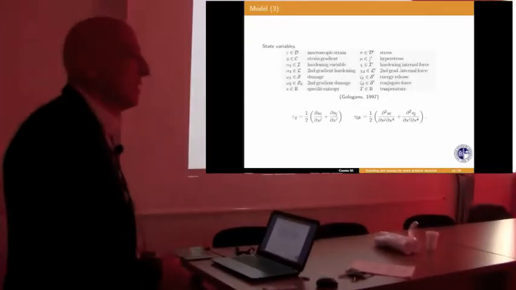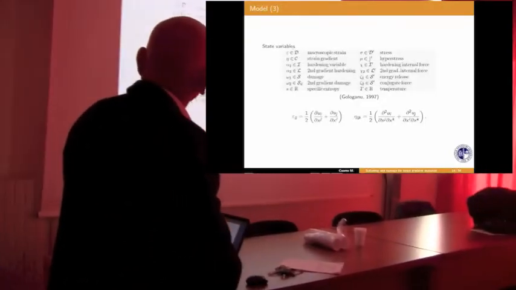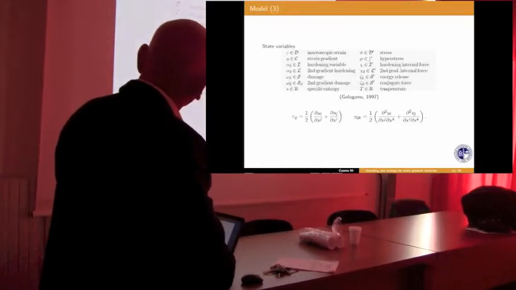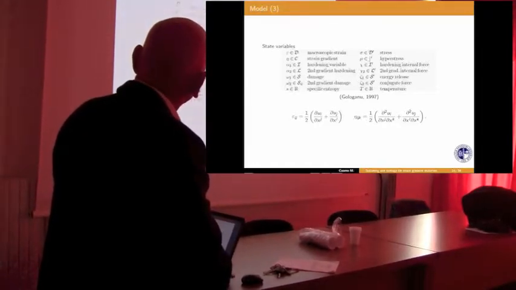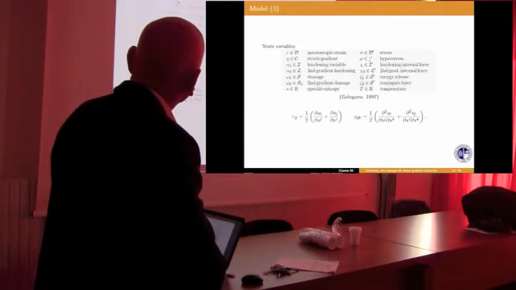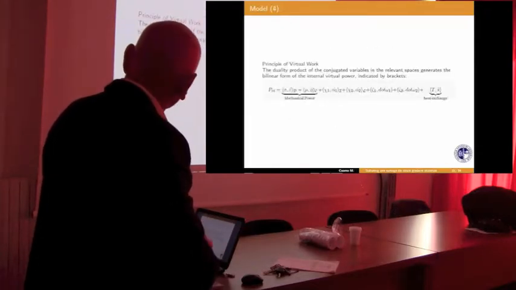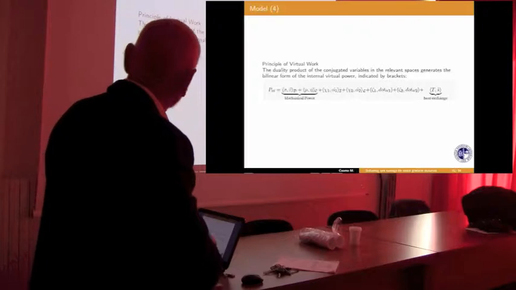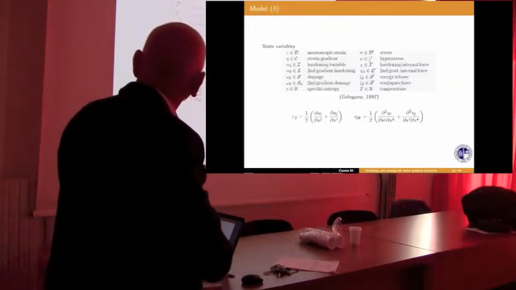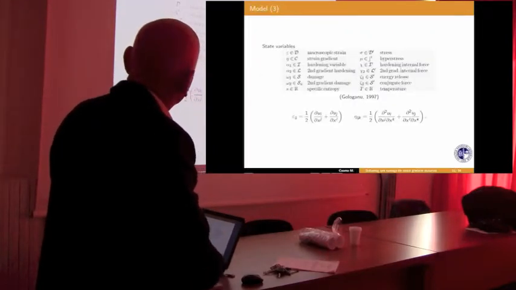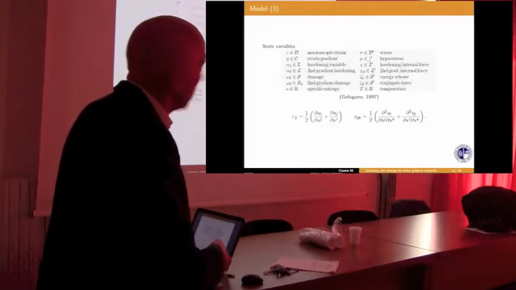So the idea is that all the state variables of the model are clearly stated, and each state variable has a non-local counterpart. I have to read because the screen is not clear. How does this work? We have the strain, the gradient of strain.